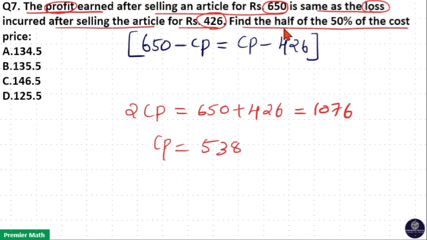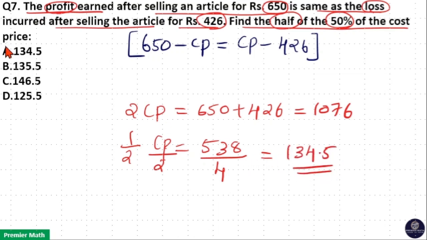Now we need to find half of 50% of the cost price. Half of 50% of cost price means 50% is 1 by 2, so 538 by 4, which is equal to 134.5. So option A is your answer.